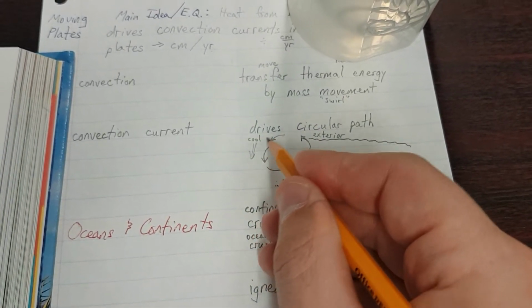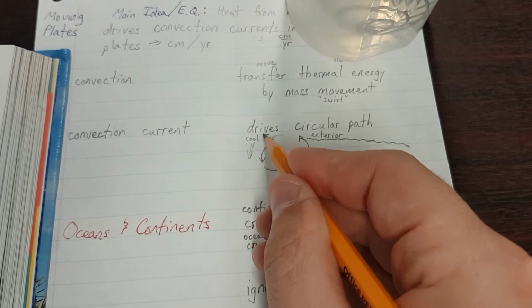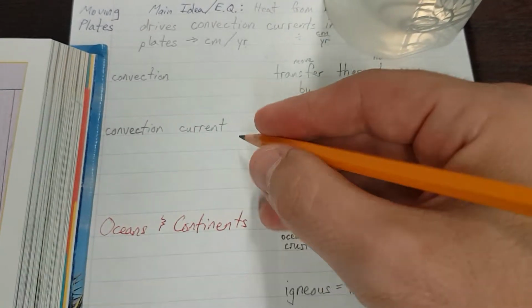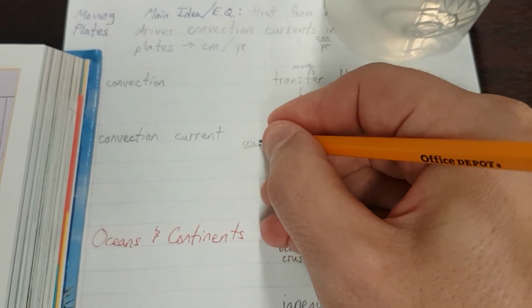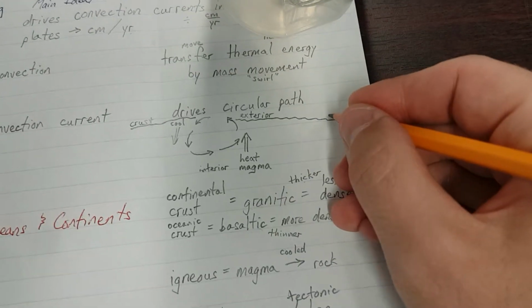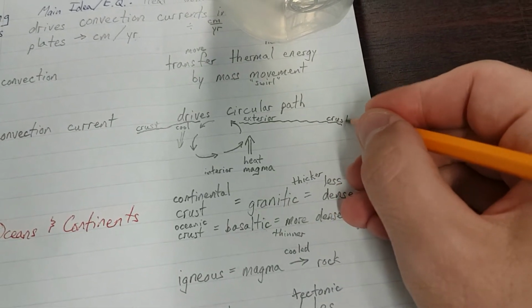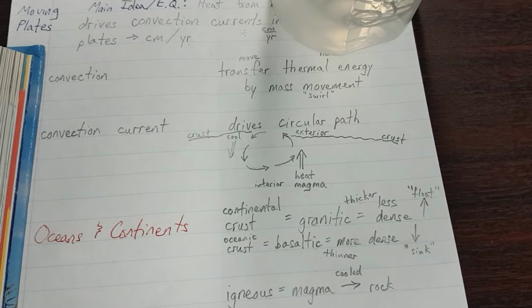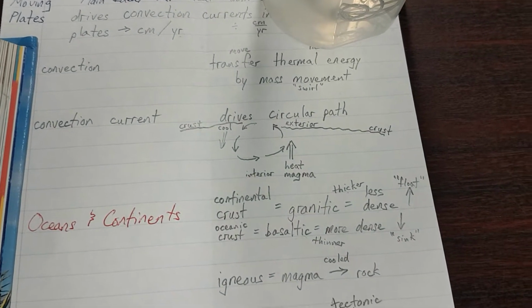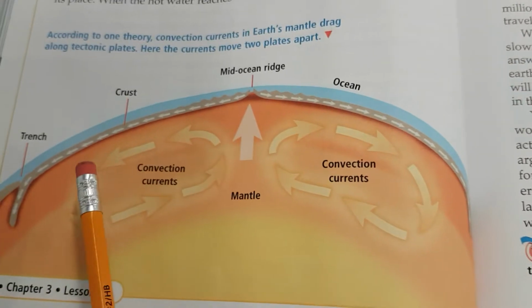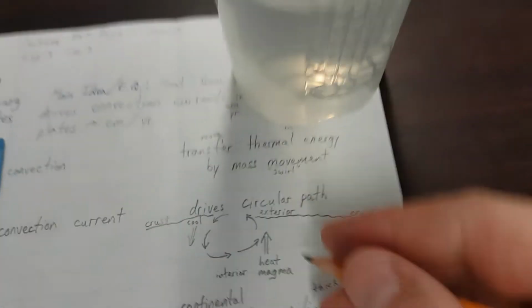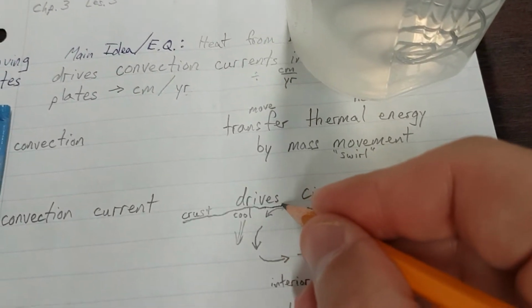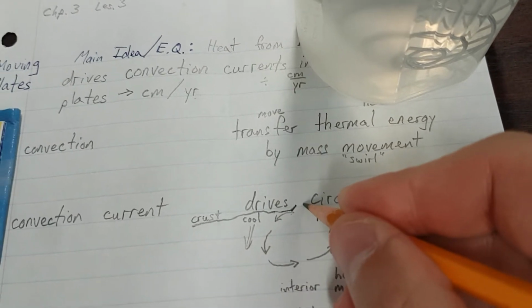And somehow we'll go around the cool on top of it like that. And that is the crust, C-R-U-S-T. Notice in theirs they show the crust, they also show the mid-ocean ridge. All right, so let's continue our crust right there in a little uprise.